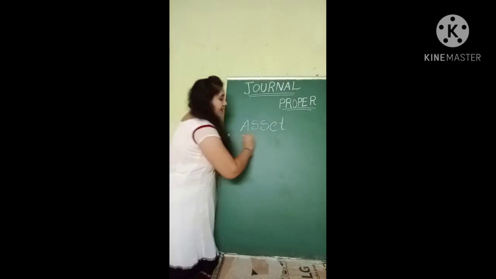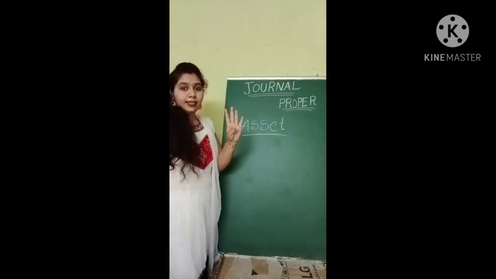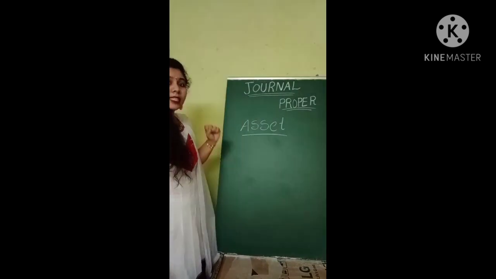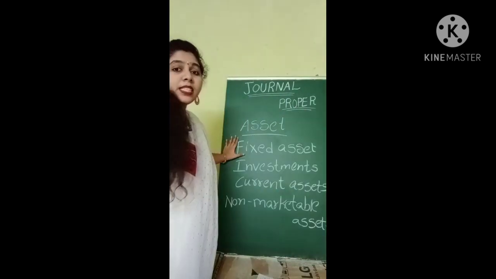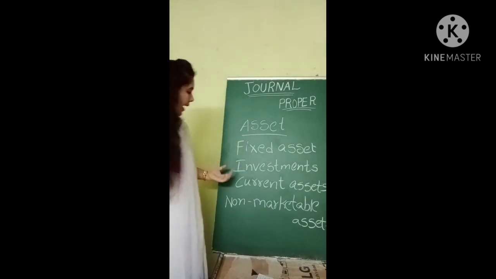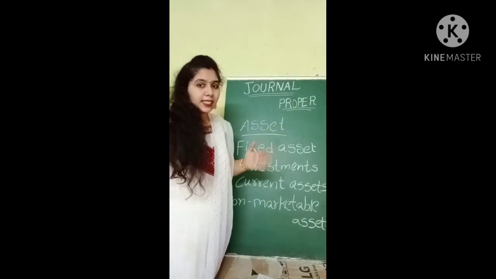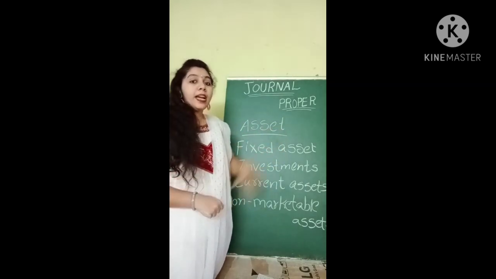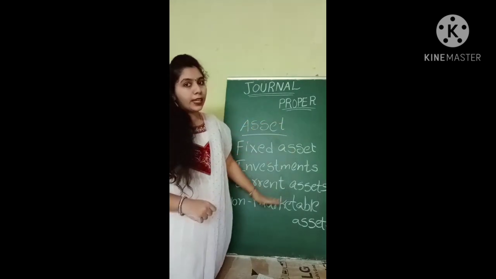This asset is divided into 4 categories. Let us discuss what they are. One is fixed assets. Second is investments. Third is current assets. And the fourth is non-marketable assets. Asset is divided into 4 categories.